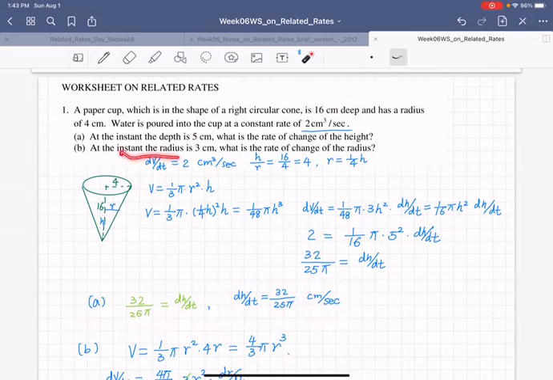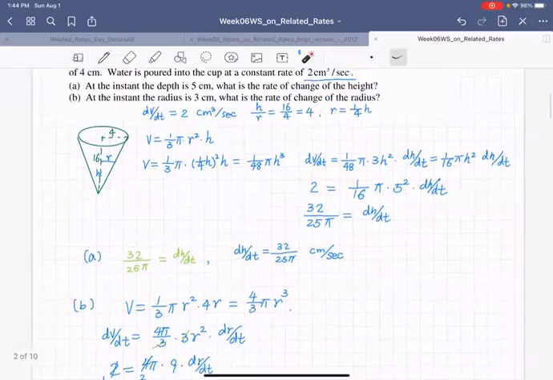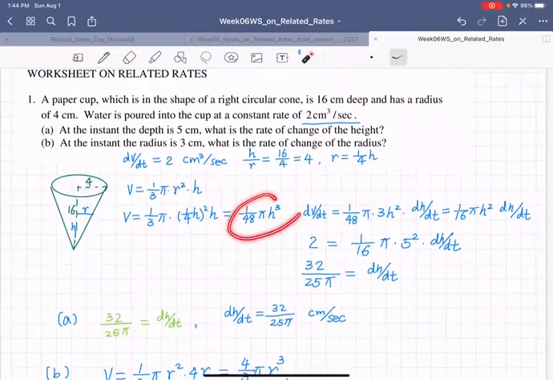For the B, this time they don't tell you the depth, but they tell you the radius. And they ask you rate of change of the radius, not the height. Okay? So this time, we want our expression to have r only, not h.